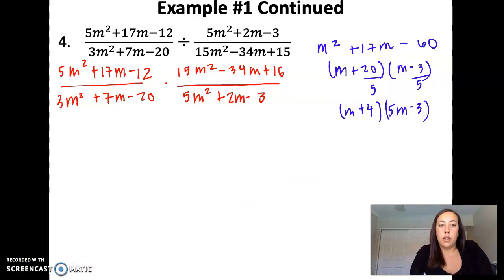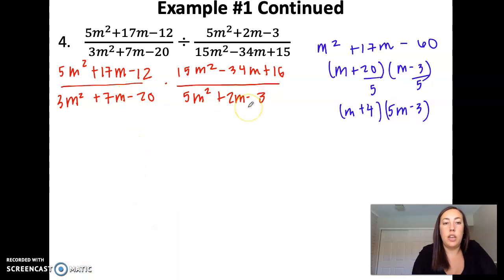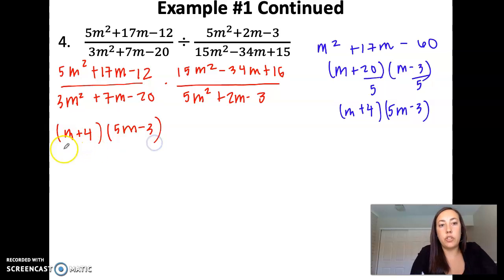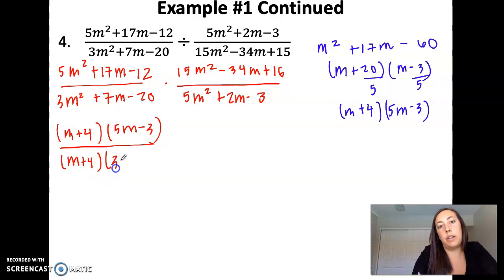Okay, so that's what you would do with every single one of those trinomials here. We just saw that this first one factored to be m plus 4 and then 5m minus 3. And then you'd have to do the same thing with the bottom. This one factors to be m plus 4 times 3m minus 5.